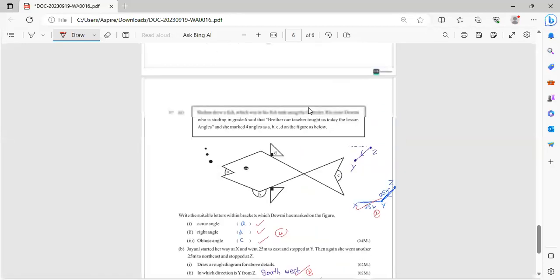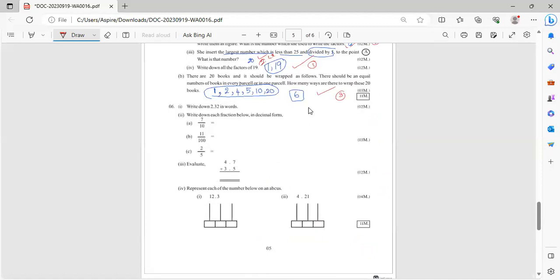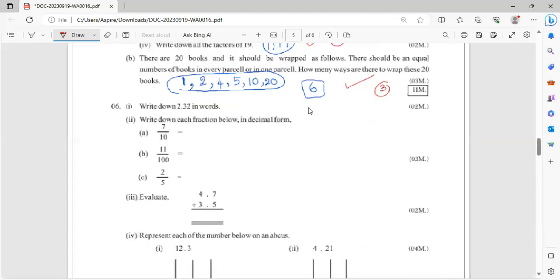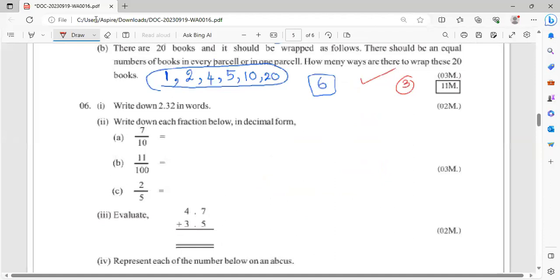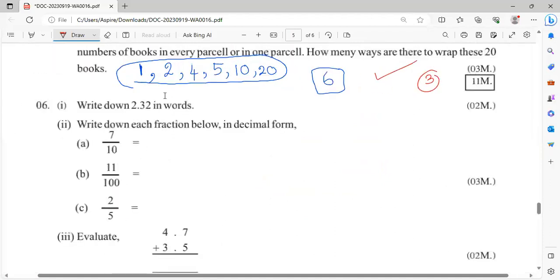Okay, Putri. Here I will discuss this sixth question also because I think you should have done this in school also. Write down this number in words. How do we read this? Can you read according to where you have learned this? 2.32.